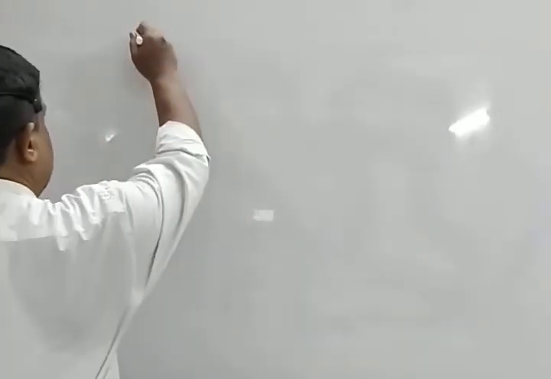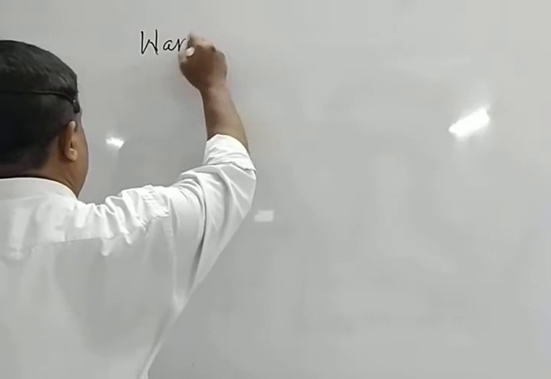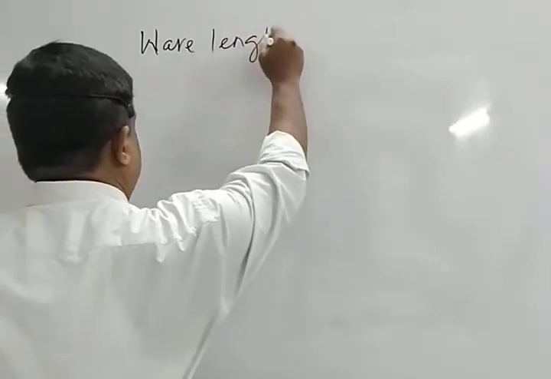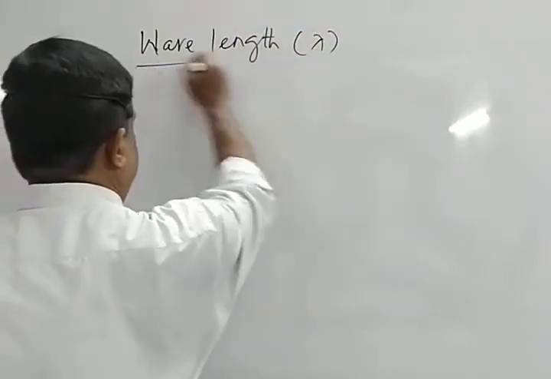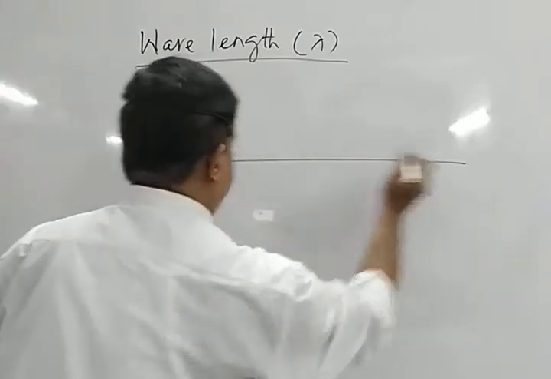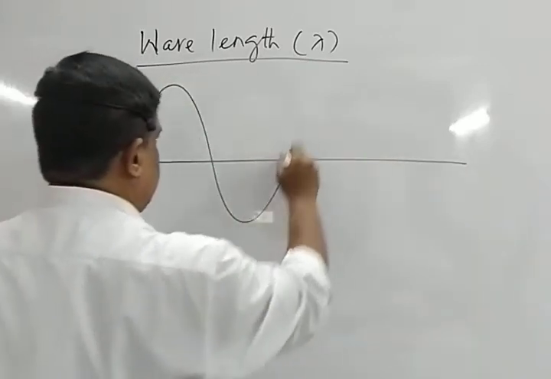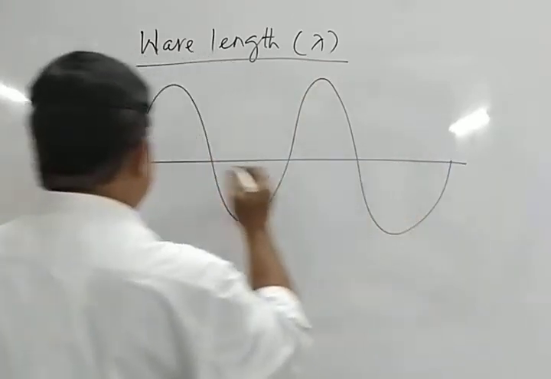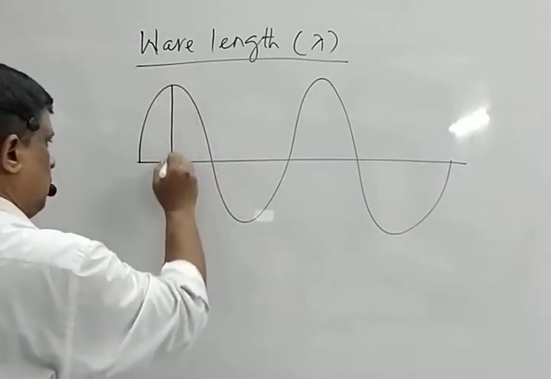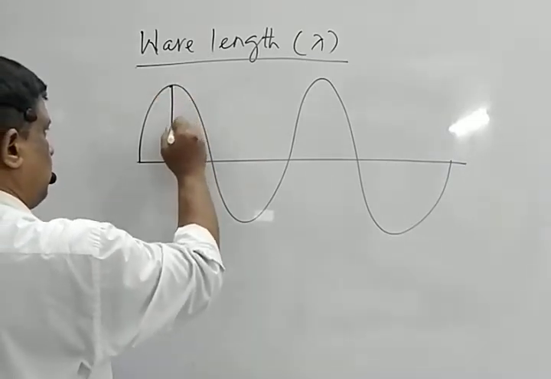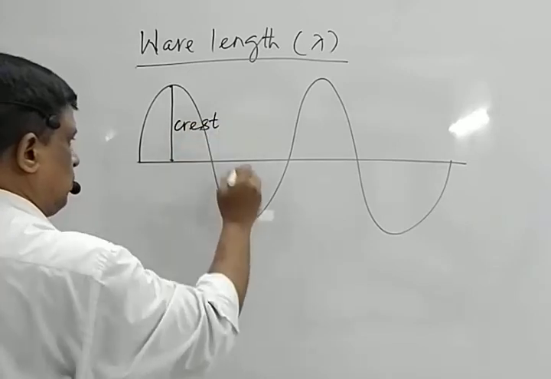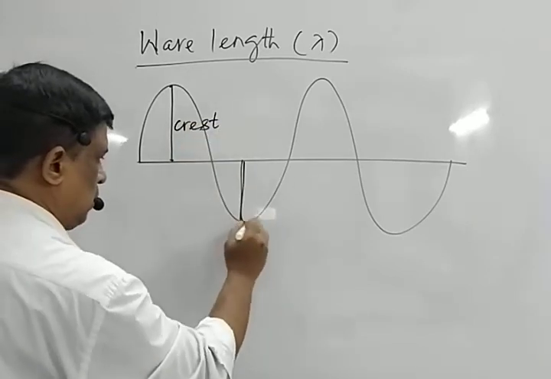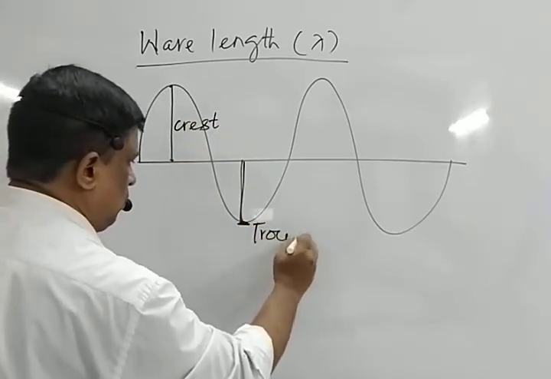Next, we discuss one fundamental term, which is known as wavelength. Symbol is lambda. Mark that. This is known as crest. This is known as trough.